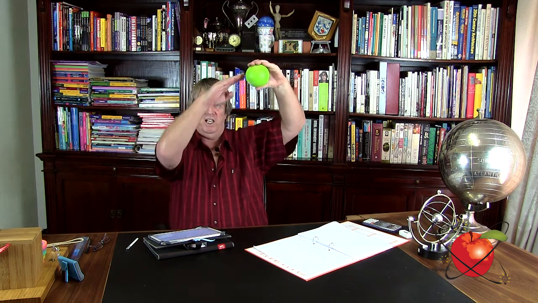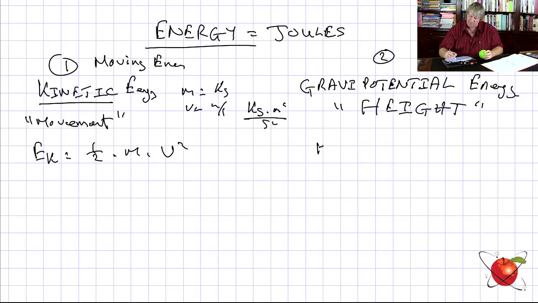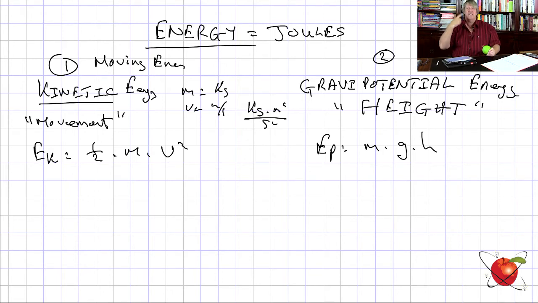If I hold this over here and drop it, it's got the height energy there, isn't it? Right? And this is measured as EP is equal to mgh. Mass times g, which is the acceleration due to gravity, which is 9.8 meters per second squared.